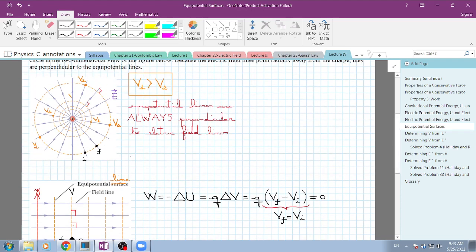And we also know that the work is the force, and the force is going to be the electrical force, that is radial for E. But as you can see here, this displacement is going to be 90 degrees.